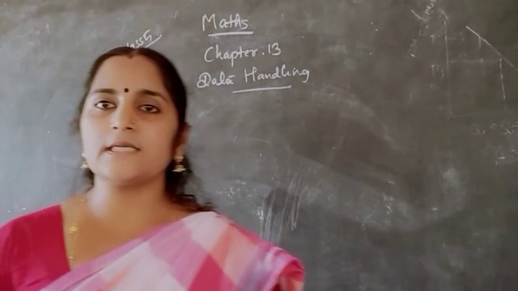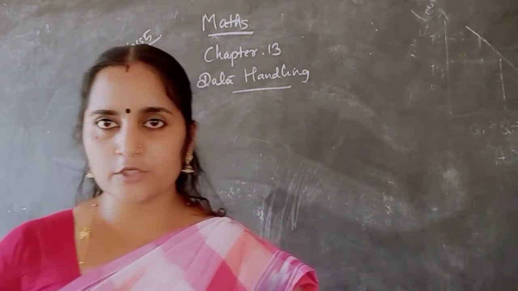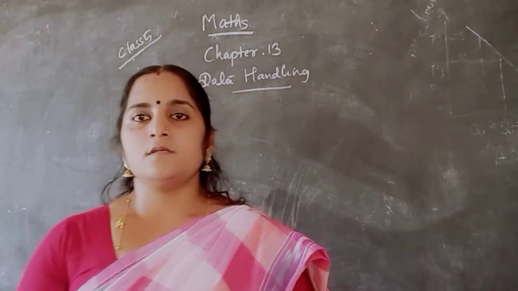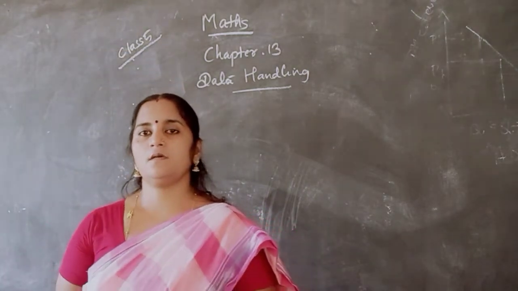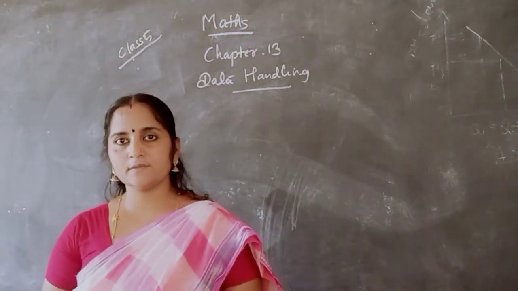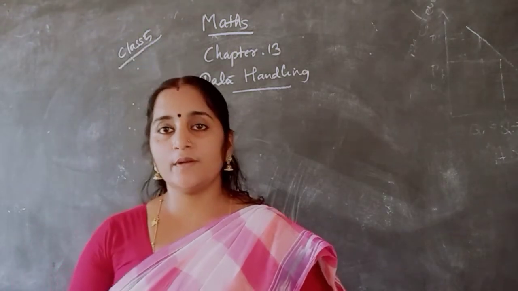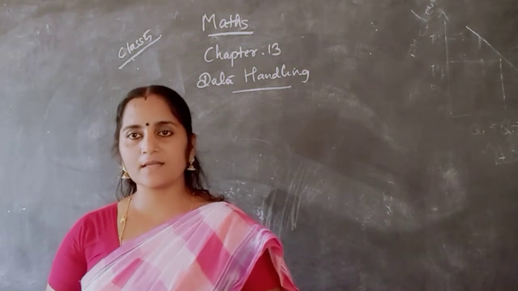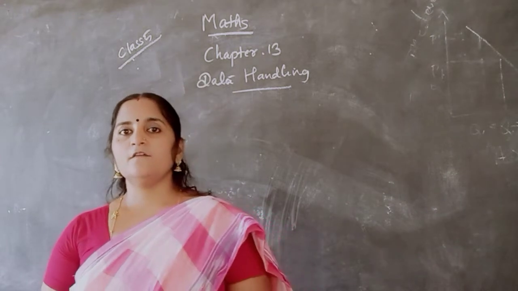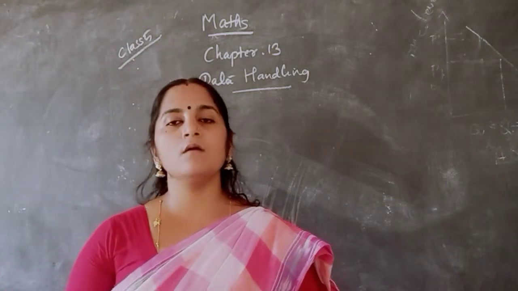Do you know what data is? Data means collecting information. If we collect some data, for example, suppose in a class we want to find out the marks of a student for all the subjects, and if we represent these marks pictorially, then we can easily identify which subject scores more marks and which subject scores less.